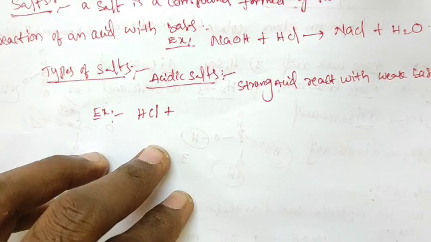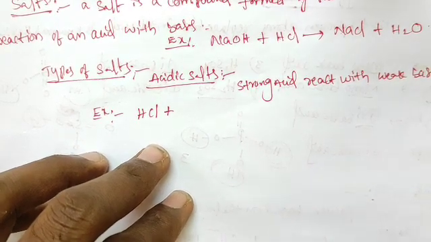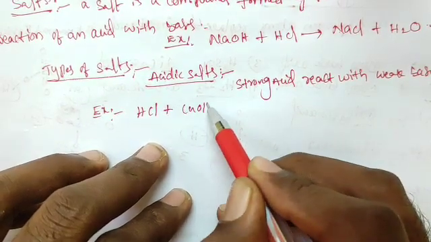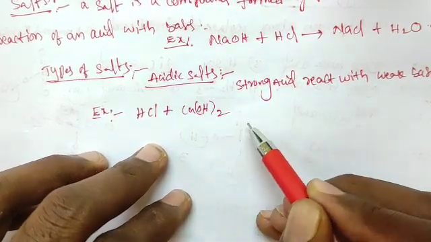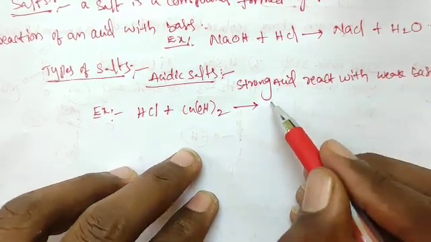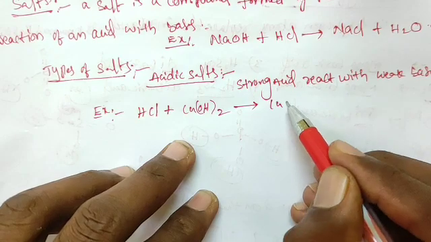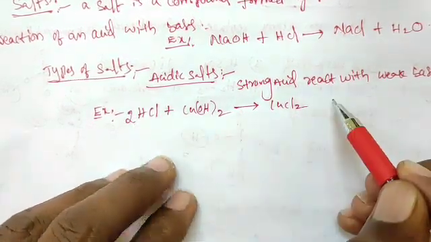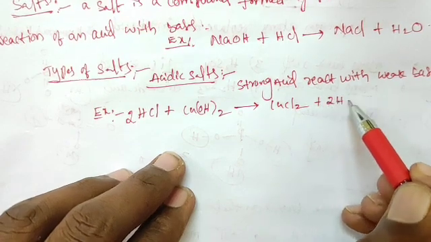For example, weak base Cu(OH)2, copper hydroxide. We get CuCl2, copper chloride, after balancing, plus 2H2O.